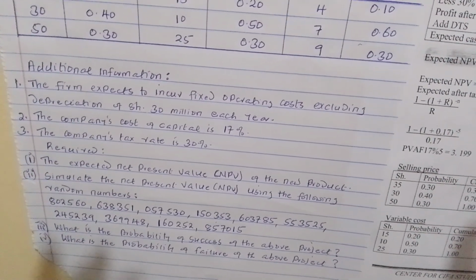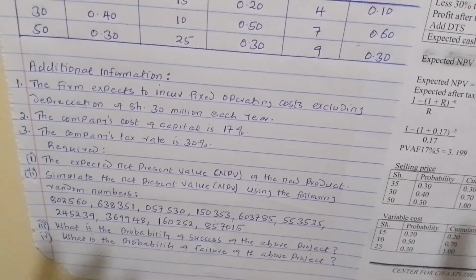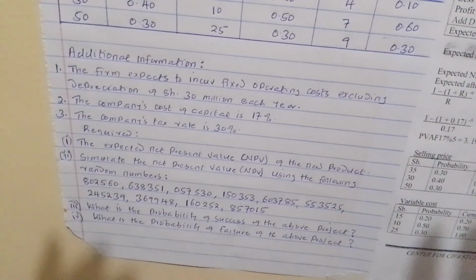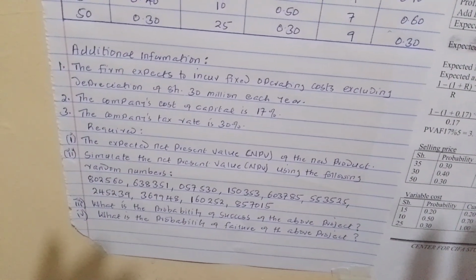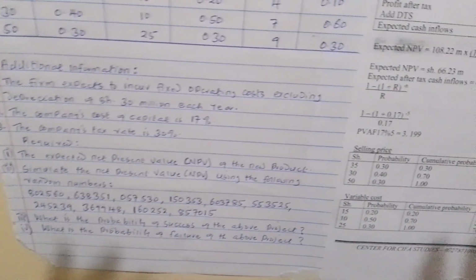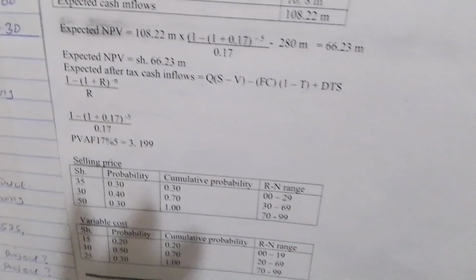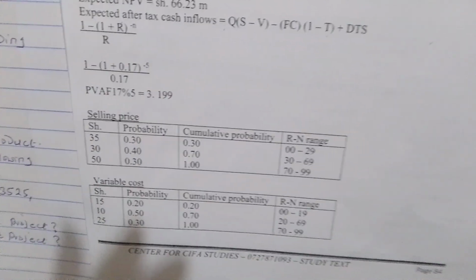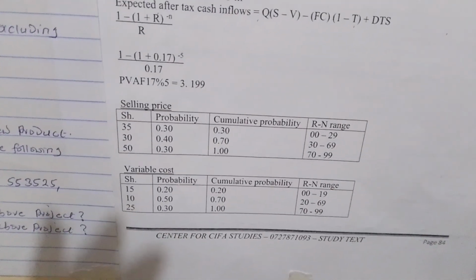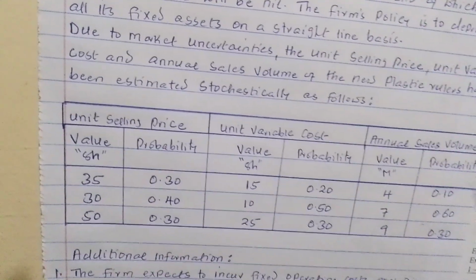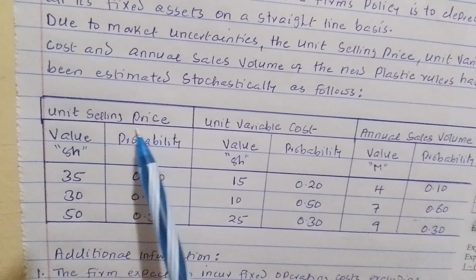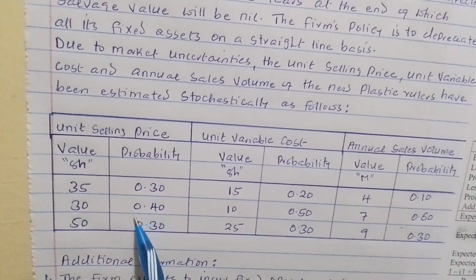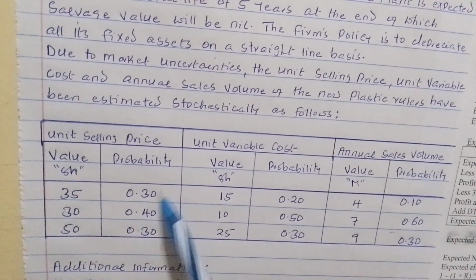Next is to simulate the net present value using the following random numbers. The random numbers have been given there, and then we can now take up the selling price. I started by showing you the importance of that. So for these selling prices, we need to accumulate these probabilities first, and then we establish the range.